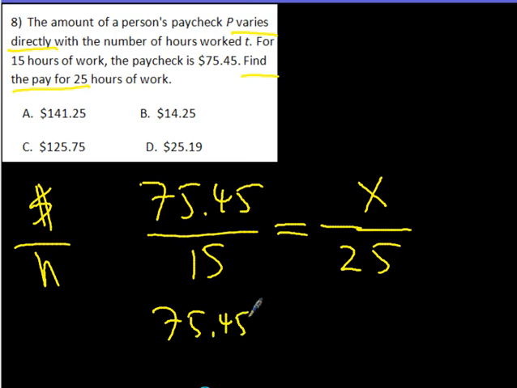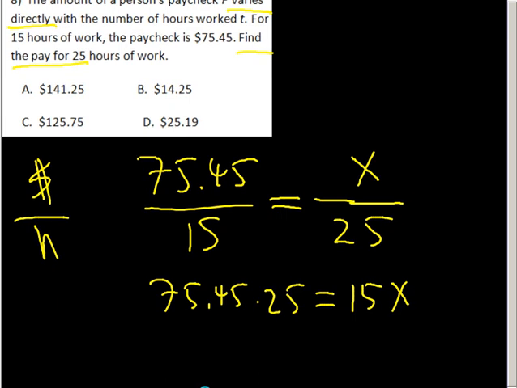75.45 times 25 equals 15x. Before I get my calculator out, I'm just going to isolate x and divide, because I'm going to do this whole left side all in one thing. You can do this question the same way we did the other direct variation if you want.